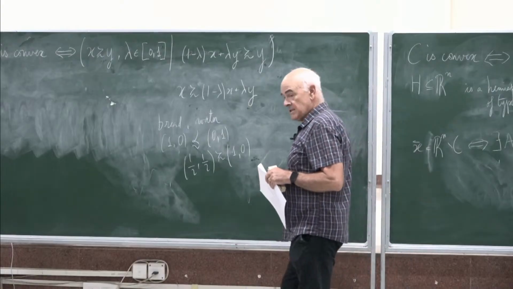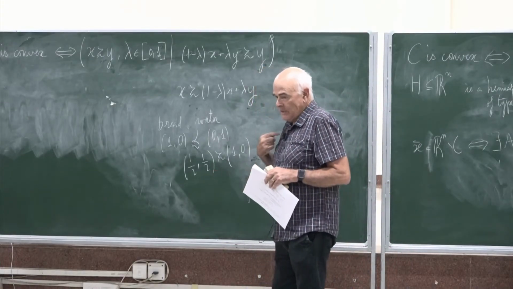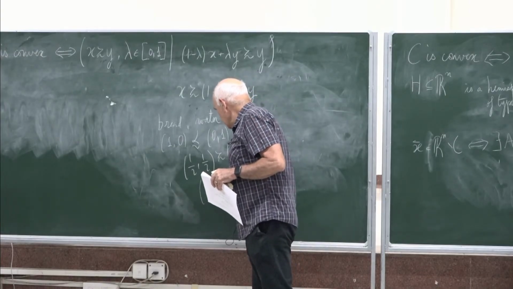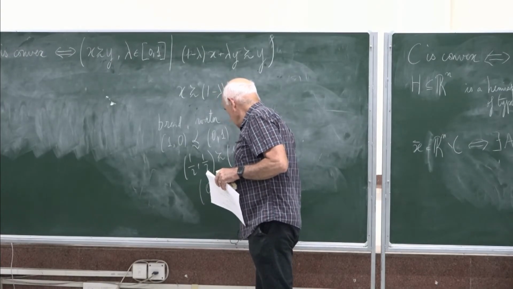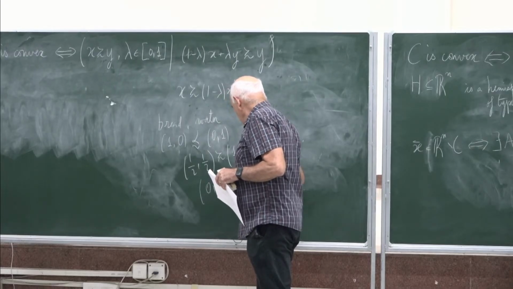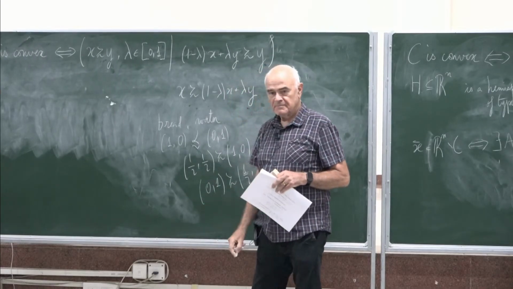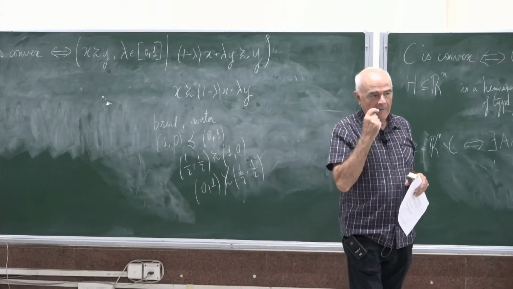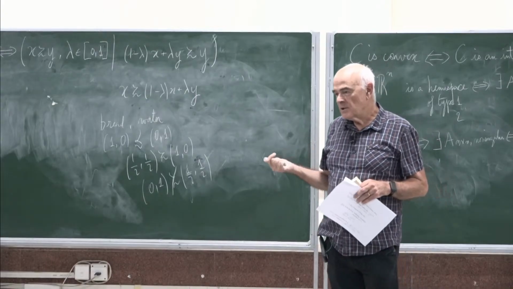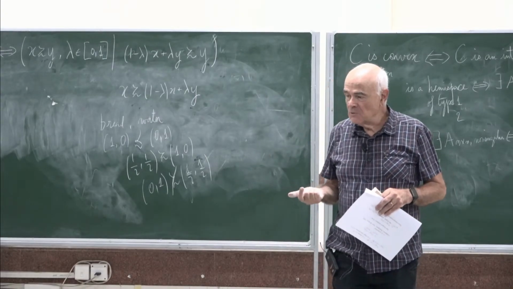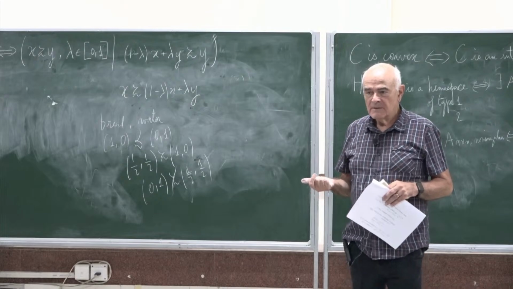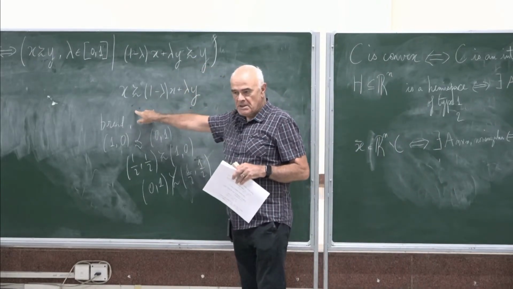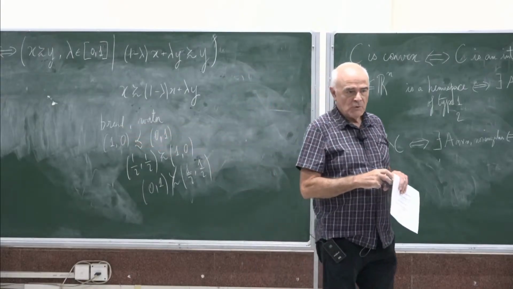But you wouldn't say, I wouldn't say at least, that I prefer (0, 1) to (1/2, 1/2). This I wouldn't say. Even though I like water, but I like eating from time to time. Okay? So this is a reasonable assumption. This is not. Do you agree?